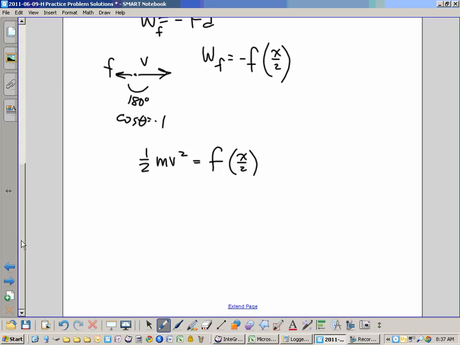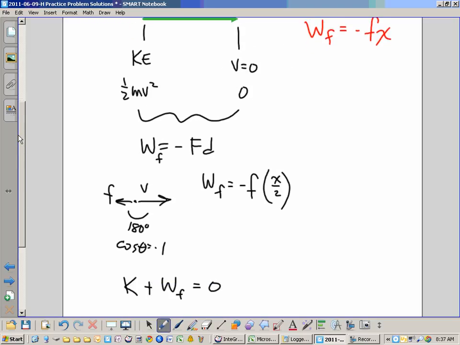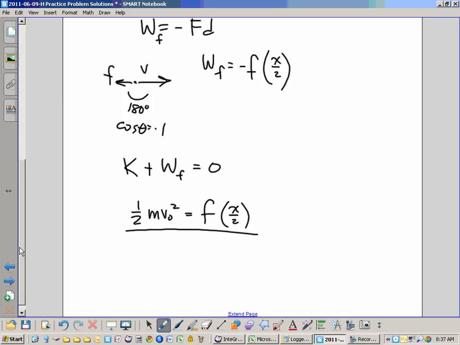Because where we started was, let me do that more conventionally. We've got kinetic energy plus work done by the non-conservative force, friction, is equal to 0, because that's our new energy at the end. So we know that 1/2 mv naught squared, our original velocity, is equal to F times x over 2. Now up here, based on the same thing, instead of 1/2 mv naught squared, we've got 1/2 mv, our new v, that's what we're solving for, squared, is equal to Fx. Does that make sense?